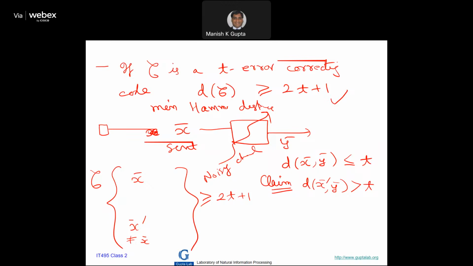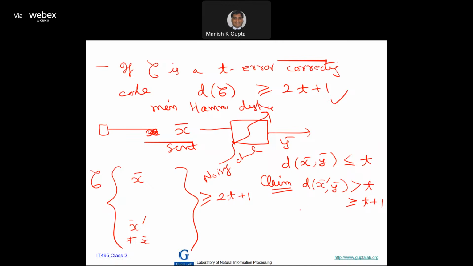Now, the proof is very simple based on this fact that the distance between any two vectors is at least 2T plus 1. Now what happens? Suppose not. So our claim is the distance between X prime and Y is more than T, means it is at least T plus 1, right? I mean, if it is bigger than T, it will be at least T plus 1.